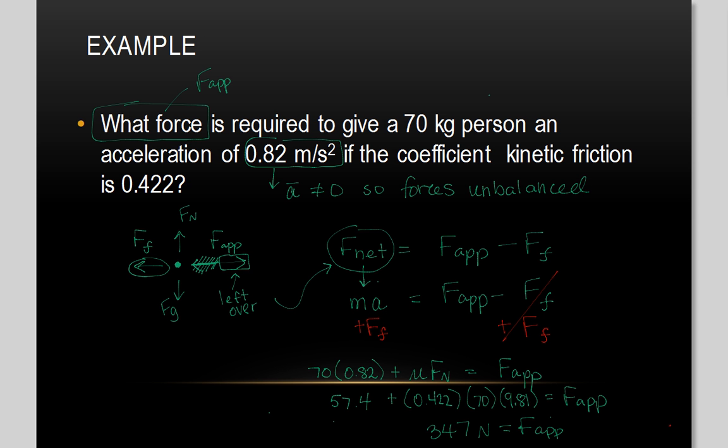Why do you have to add the force of friction to F net? Right. F net is the leftover, but we're trying to find the bigger force that supplies that leftover.